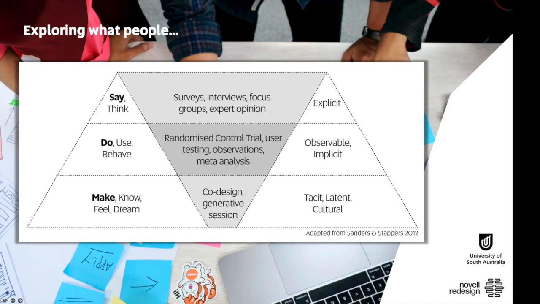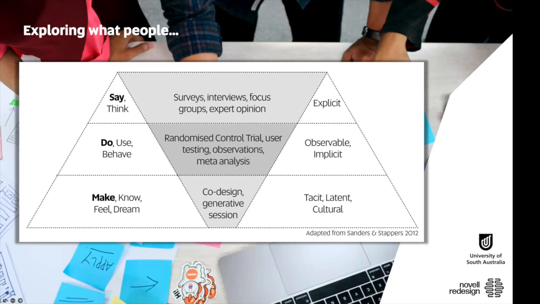If I then do some observational studies of you and I actually monitor what you eat for a week, chances are I'm going to get quite a different answer from what you self-report, because it will be more of the observable or implicit knowledge. And what Sanders and Stappers argue is that through creative practices, through design processes that we're all familiar with, we're actually able to access a different type of knowledge again, which is tacit, latent, and cultural knowledge.